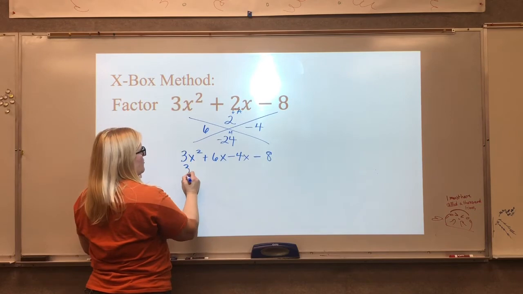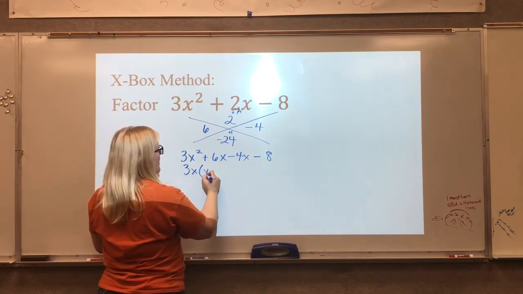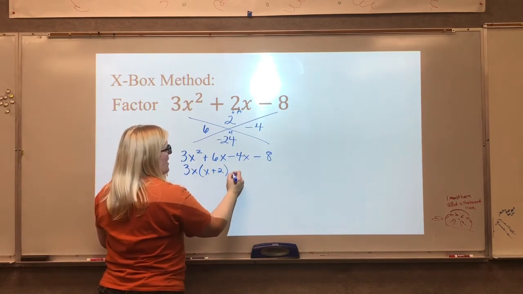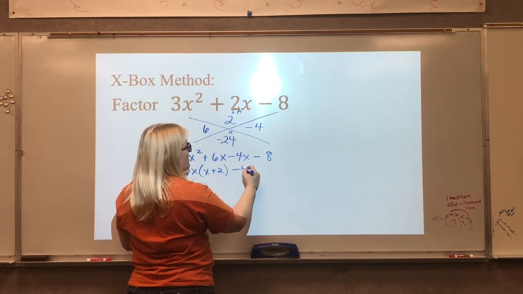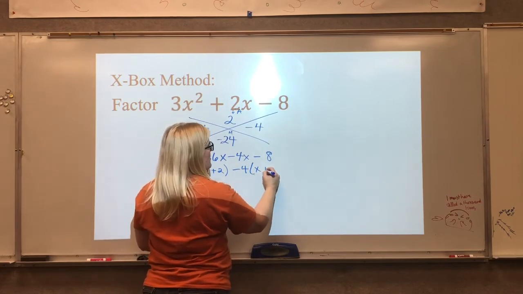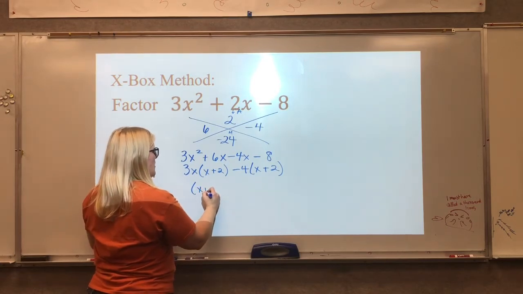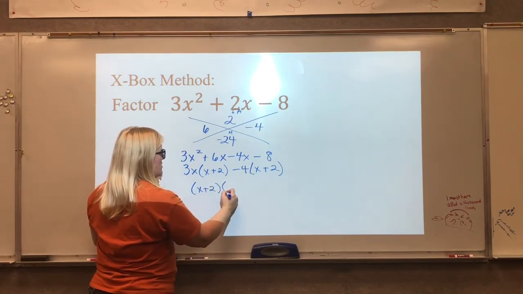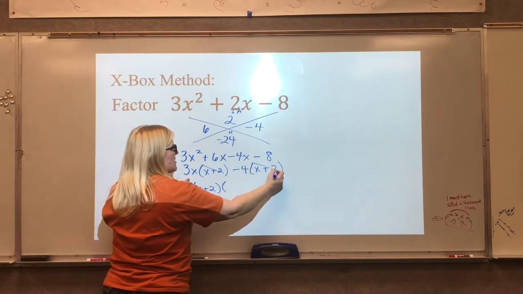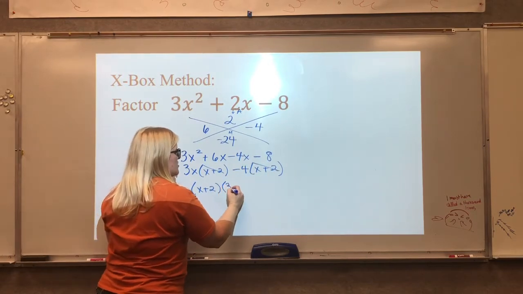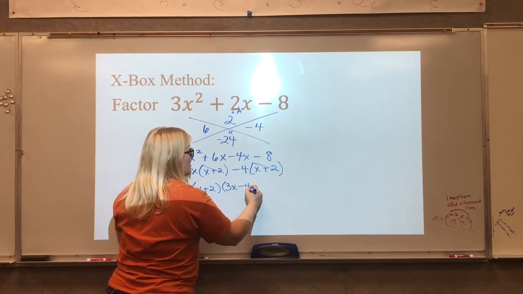So I pull out a 3x, that leaves me with x plus 2. And then over here I can pull out a negative 4, which leaves me with x plus 2. All right, so x plus 2 is one of my factors. And my other factor is what's left, which is 3x minus 4.